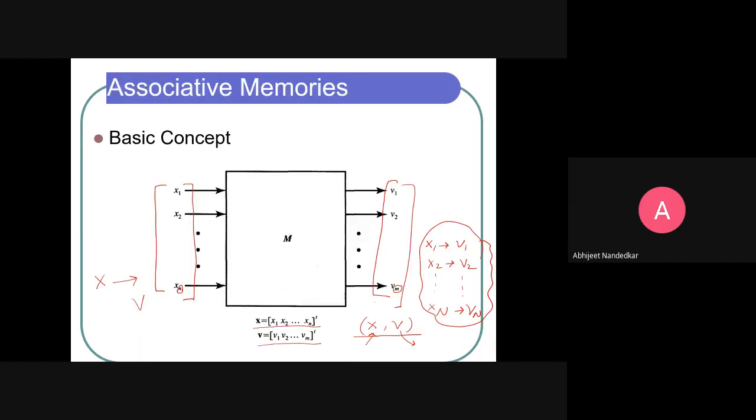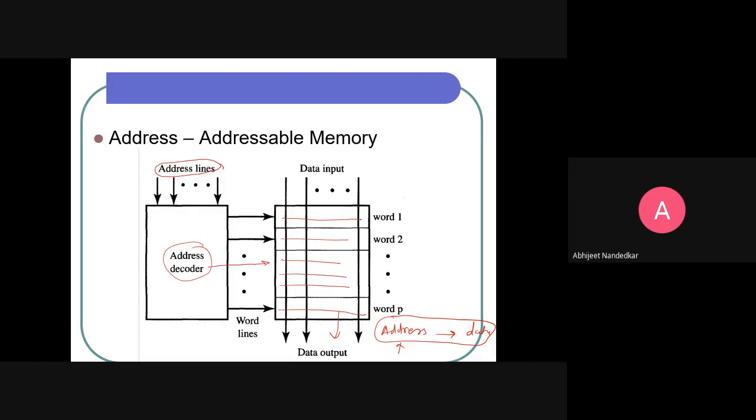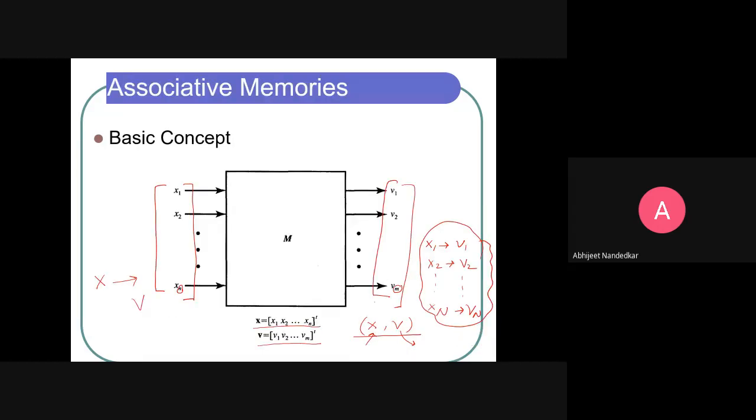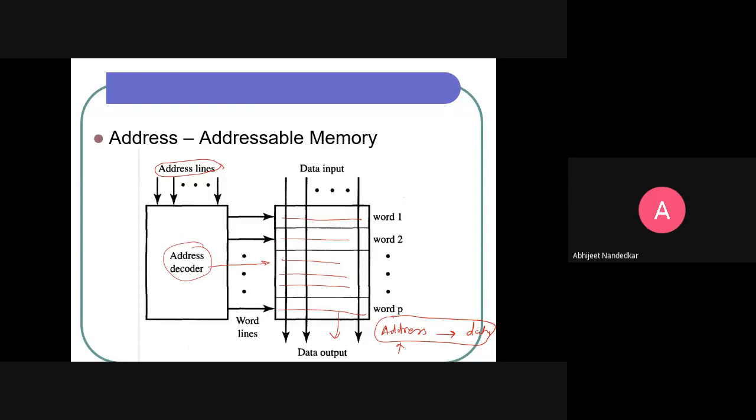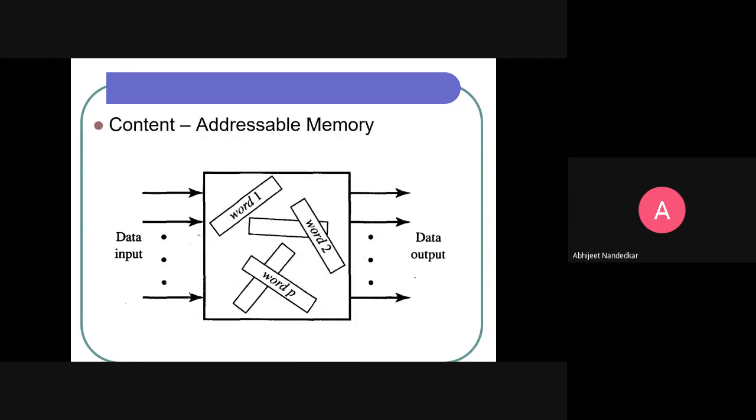So we are trying to implement that kind of mechanism where the input is a vector, the output is another vector, and there won't be any address as such for recalling things. So you can see these are, suppose, words stored like this, and you have data input, and then it will throw out the corresponding data.